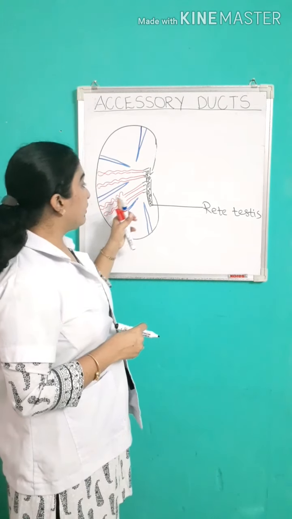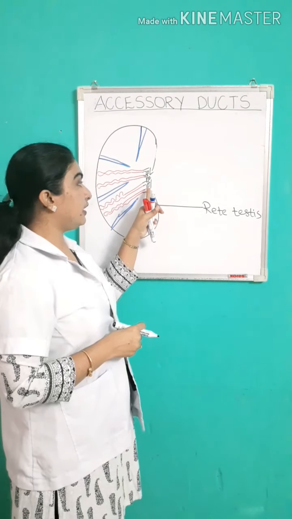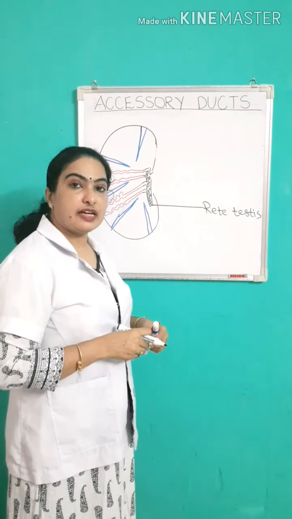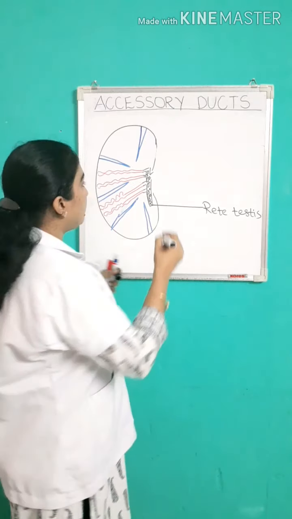From there the sperm is conducted into the rete testis, and from there to the nearby ducts.